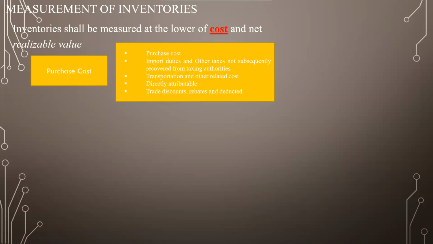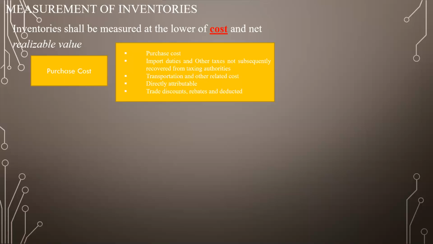If we are importing something, or if during the payment of any of those goods, I pay some tax which is not recoverable from the tax authorities, that also has to be included as part of the cost. For example, when we import goods into India, we pay basic customs duty. On top of that, we pay IGST.